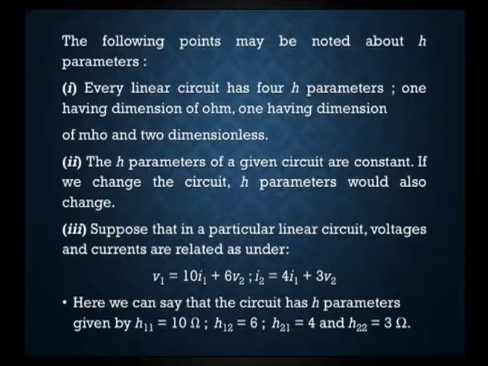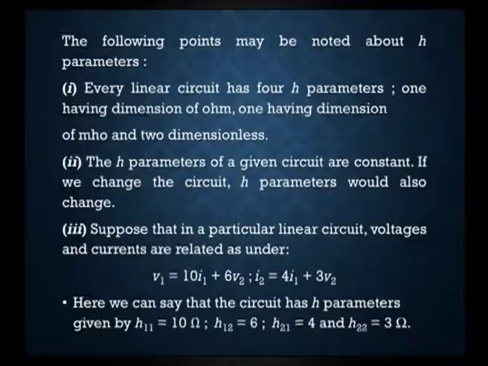What are the points that we need to note down when we study H parameters? Every linear circuit has 4 H parameters, one having dimension of ohm, one having dimension of mho, and 2 dimensionless. Here we come to know the definition of hybrid parameter once again.